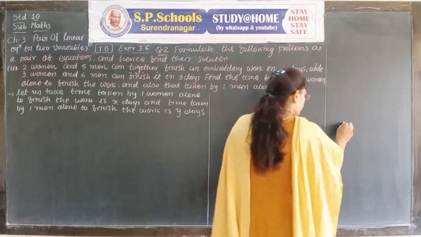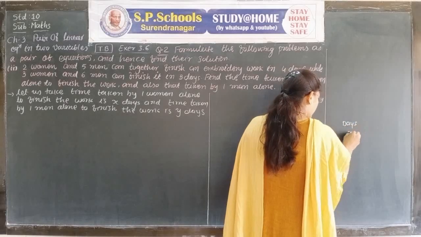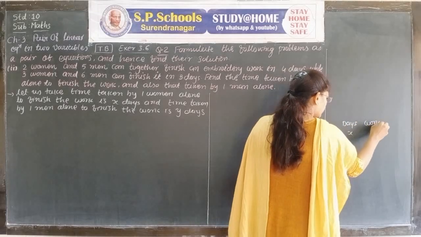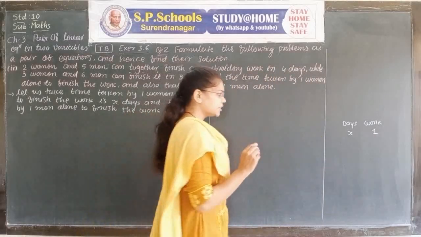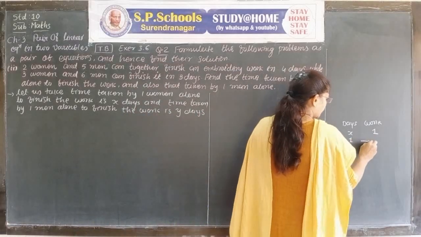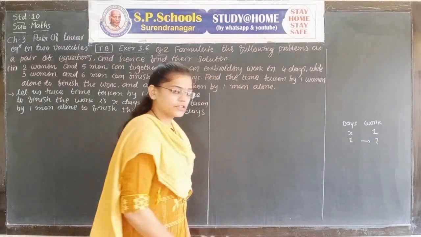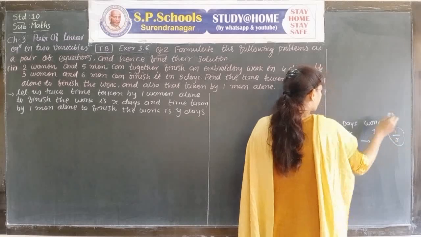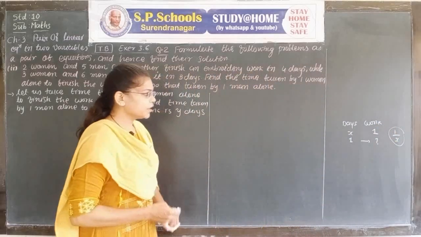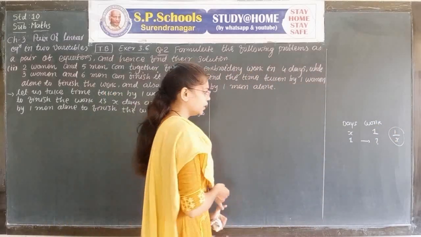If the days are x, the work done by 1 woman is a complete work, which means 1 work is completed. That's why in 1 day the work done by 1 woman is 1 upon x.